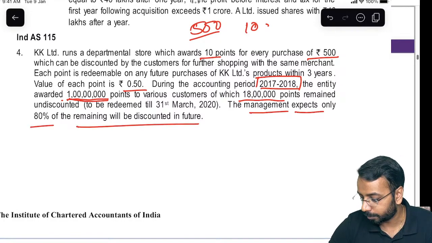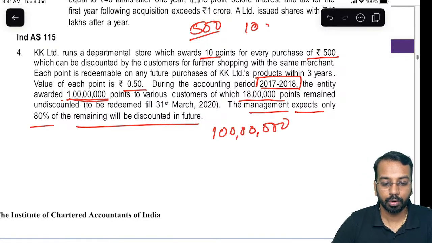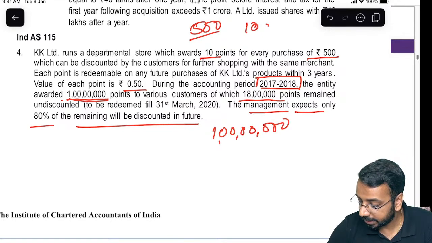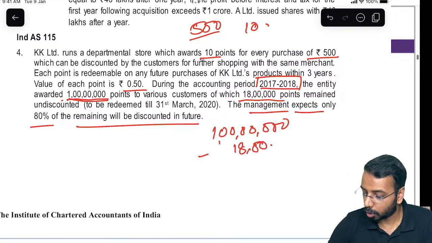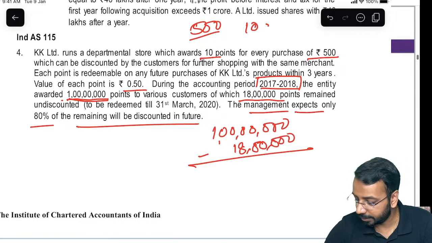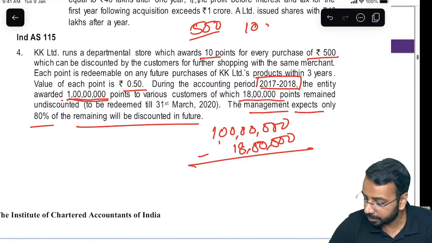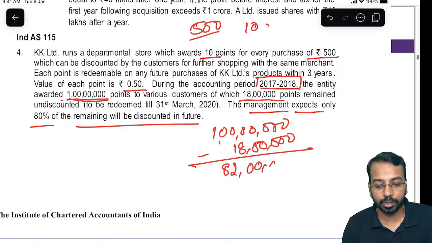So 1 crore points. Out of this, 18 lakhs is not redeemed. So how much is redeemed? The amount that is redeemed is 100 minus 18. Out of 100 lakhs, only 18 lakhs is not redeemed. So what is redeemed is 82 lakhs.